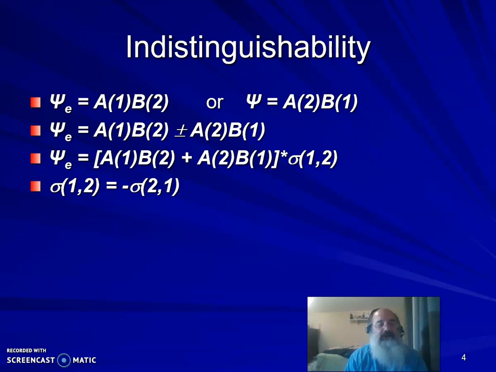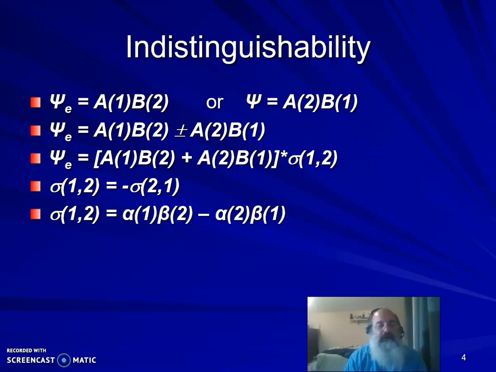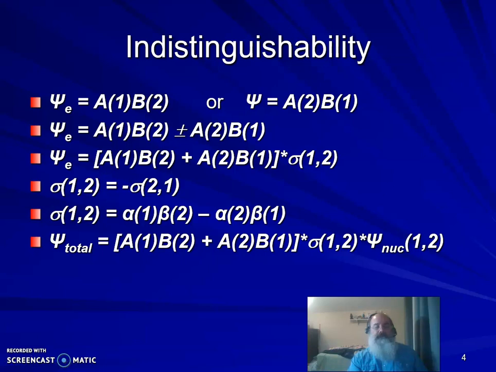The spin function is going to change sign under the exchange of the two electrons, and that ends up looking something like this, where we have alpha spin up, beta spin down for electron 1, the alpha, and electron 2, the beta, and then we subtract from that the switched version. And so this is basically the determinant of a 2x2 matrix.